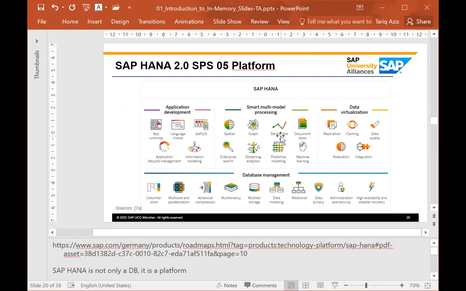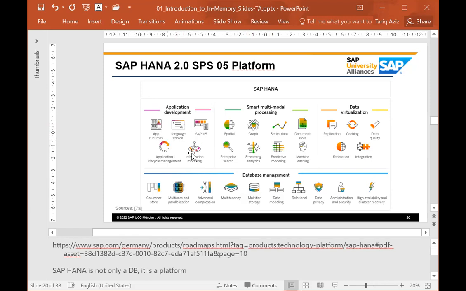I'm not sure about series data, and the document store. For sure, machine learning was not there before. Predictive modeling is there, streaming analysis is there, enterprise search I'm not sure. So they improved a lot in the analytical things, where you can do predictive analysis and all that.